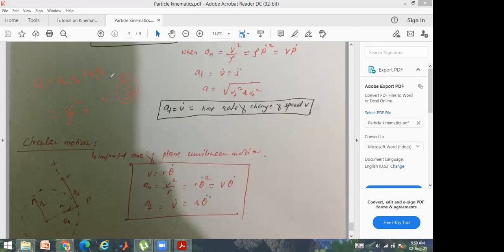So dv by dt gives you the tangential component. To find the acceleration you need to do at square plus an square. Okay, this is one of the important conclusions from this derivation. So to find at, dv by dt is enough, no problem. Similarly, to find an you need to know v square by rho.